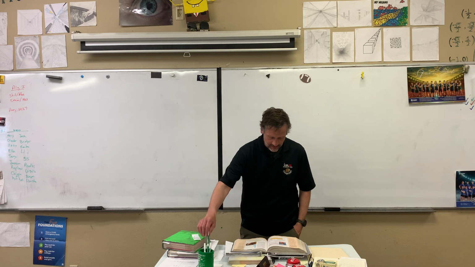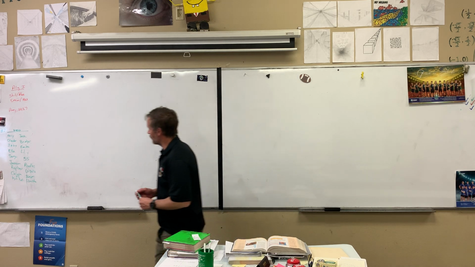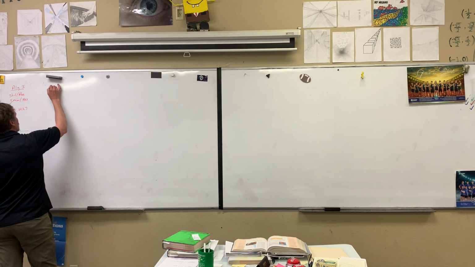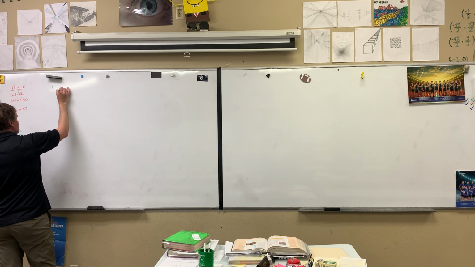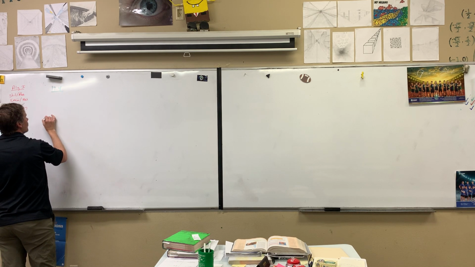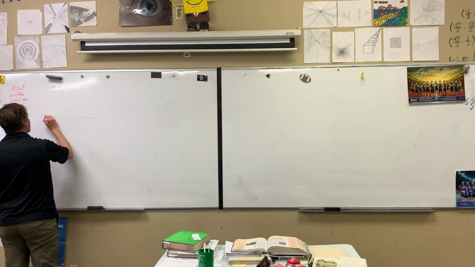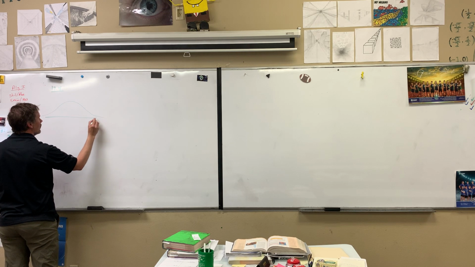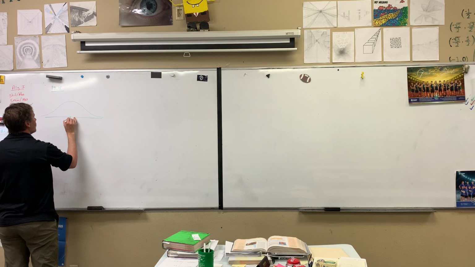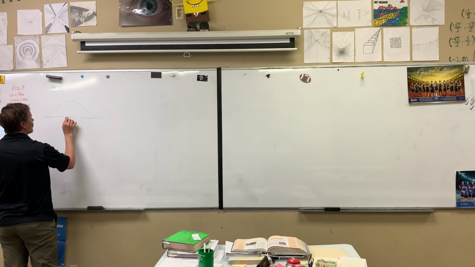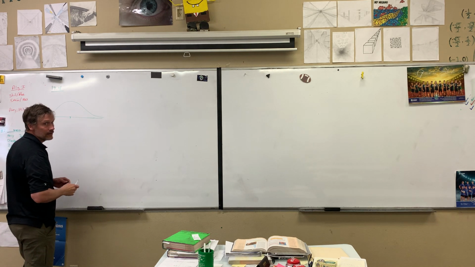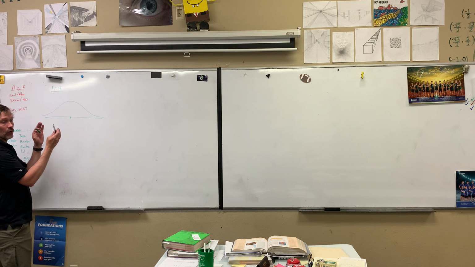Now, I say the standard normal curve or the normal distribution. What we're referring to is this curve that looks like this, where the bulk of your data would be in the middle.